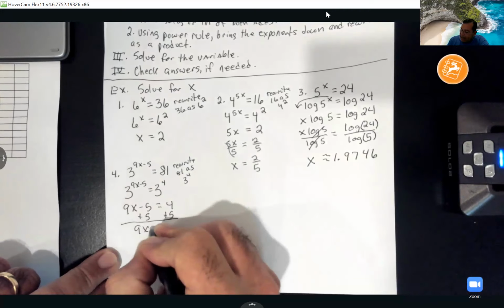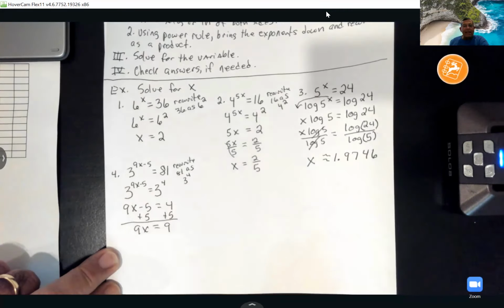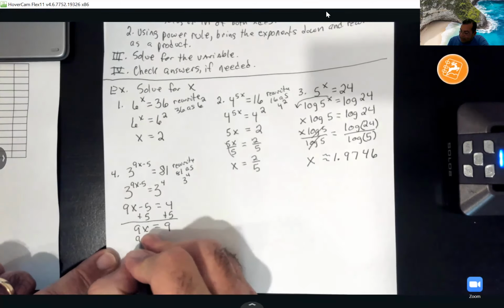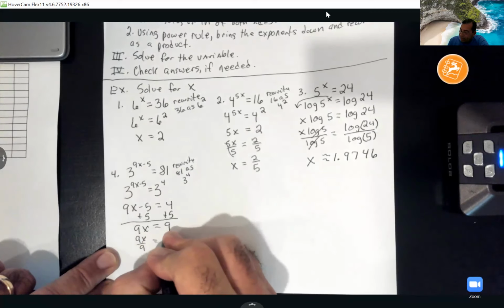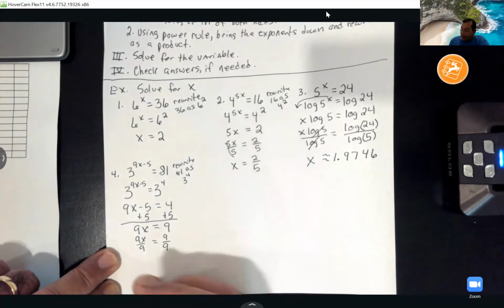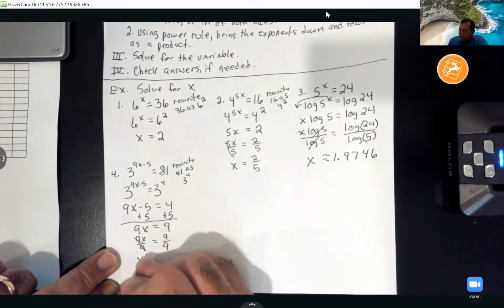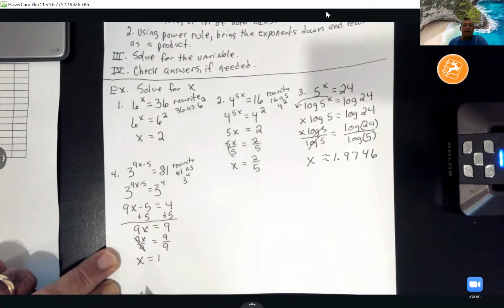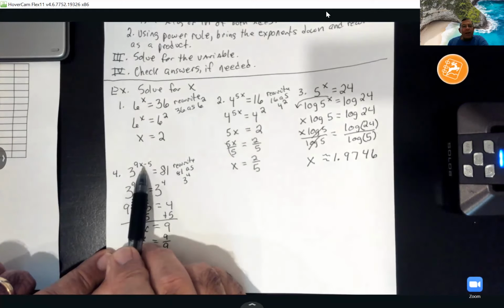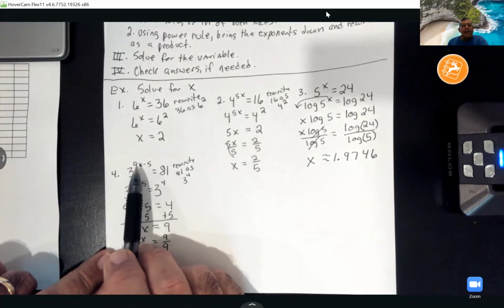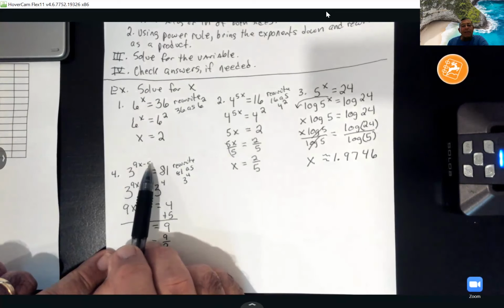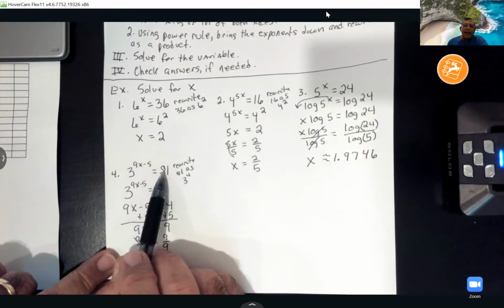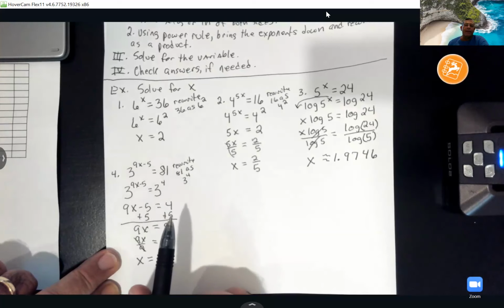I get 9x equals 9. And then I'm going to divide both sides by 9. And y'all look at that. Those cancel, giving me a 1x equals, well, 9 divided by 9 is 1. So if you put a 1 in here, 9 times 1 is 9. 9 minus 5 is 4. And 3 to the 4th equals 81. Okay.